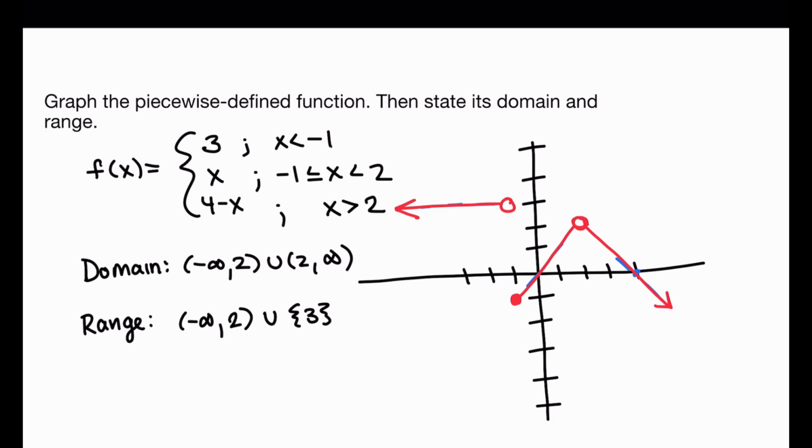There are no points with y values between 2 and 3. So my range is everything from negative infinity to 2 and just the number 3. I put the number 3 in curly brackets just because it's one number by itself. If you want to write y equals 3, that's perfectly fine as well.